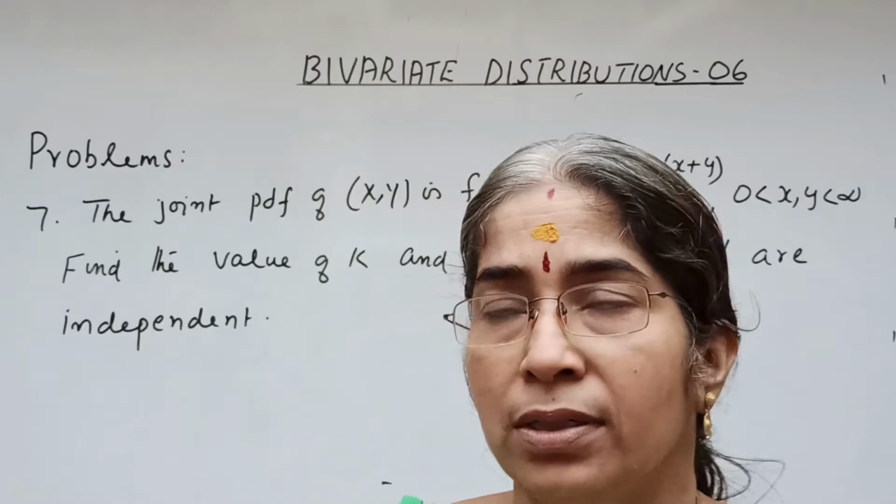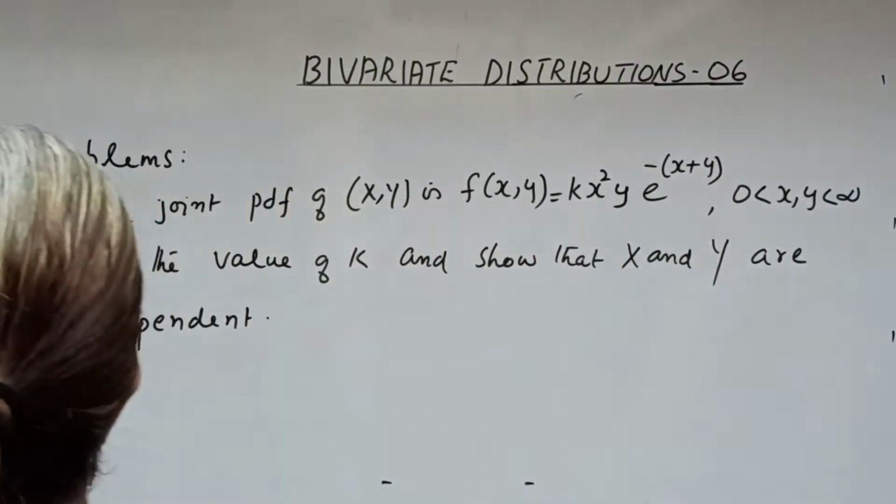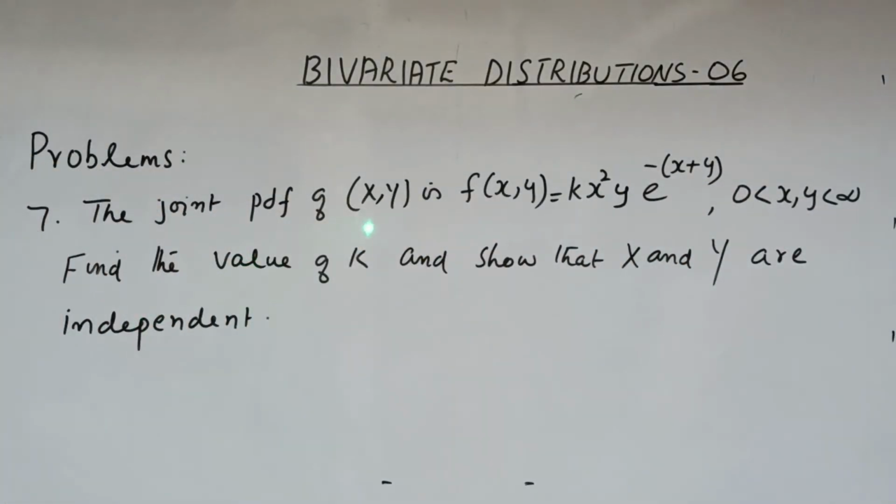Okay, now we have a question. The joint PDF of x,y is f(x,y) equal to k x square y e raised to minus of (x plus y), k x square into y into e raised to minus of (x plus y).